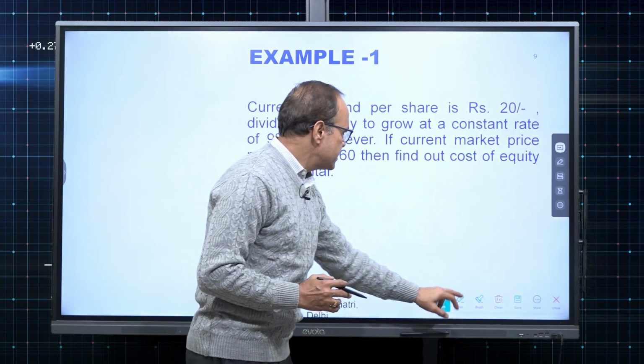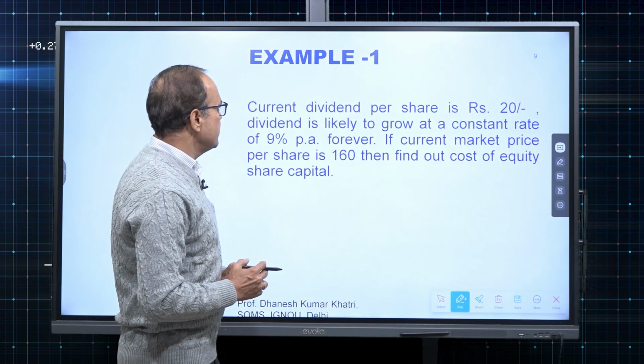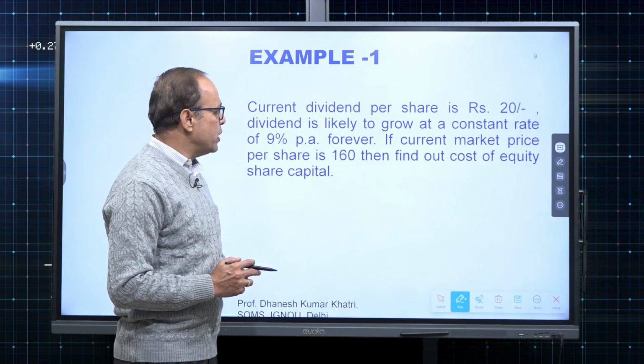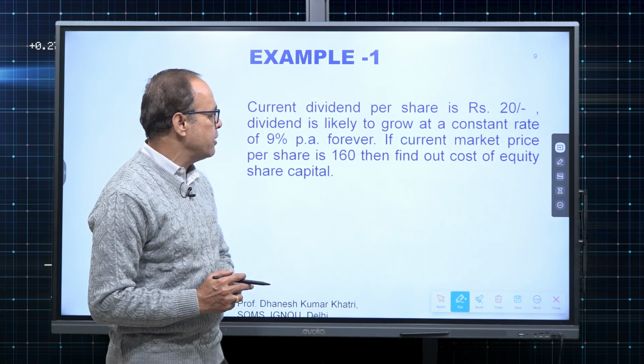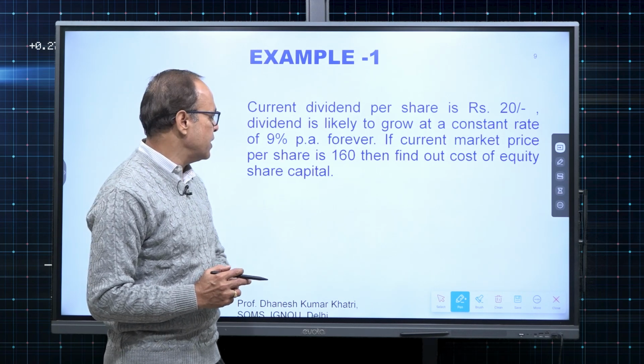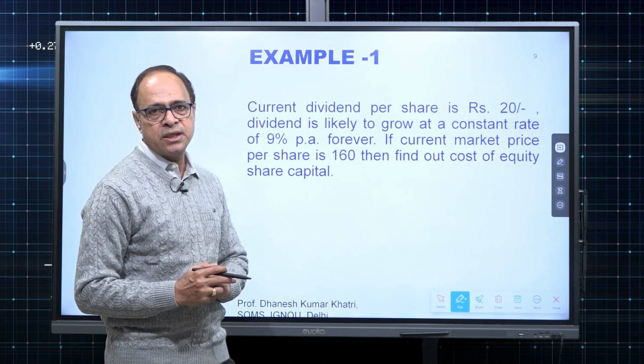So, if we take an example, current dividend per share is rupees 20 and it is likely to grow at a constant rate of 9% per annum forever. If the current market price of a share is 160, then find out the cost of equity share capital.